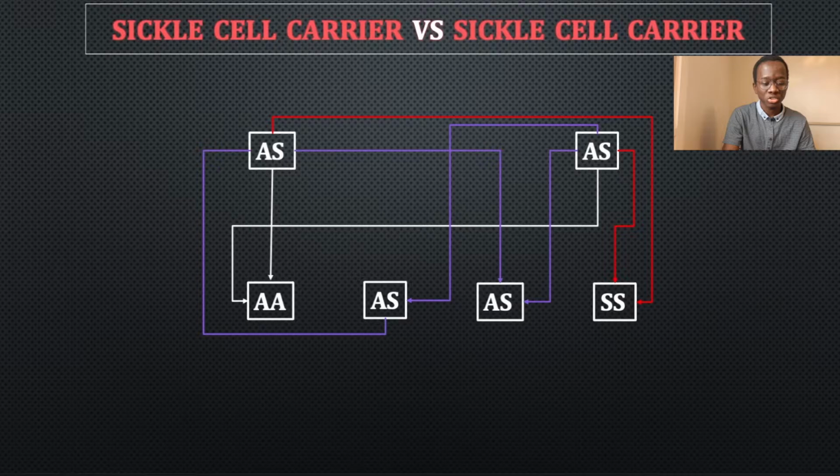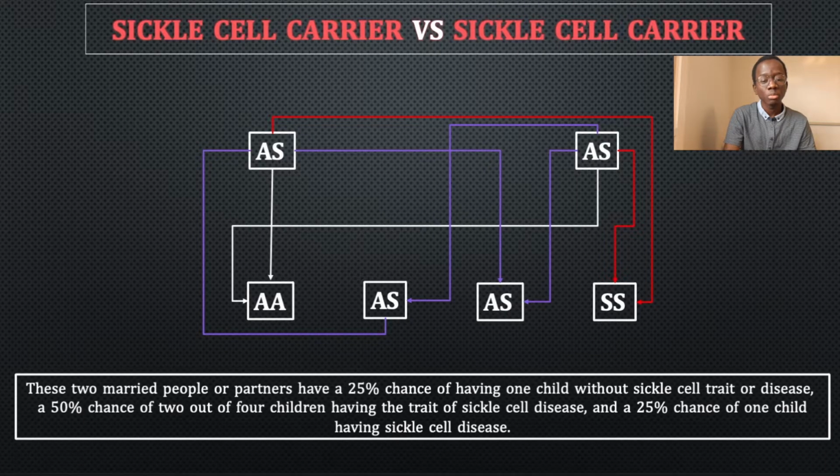So this combination is kind of in the gray area, since one child will be an SS, which means the child will have sickle cell disease. However, there is also about a 75% chance of having children without sickle cell disease, but who may have the gene or the trait of the disease. So in this aspect, it's kind of on a blurry side.